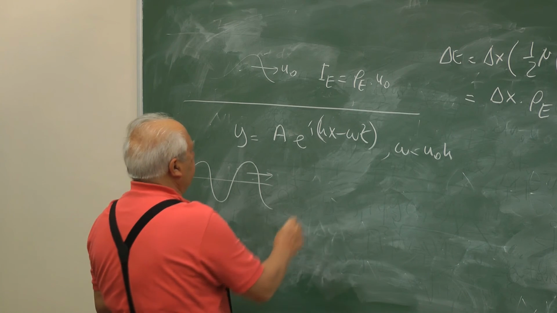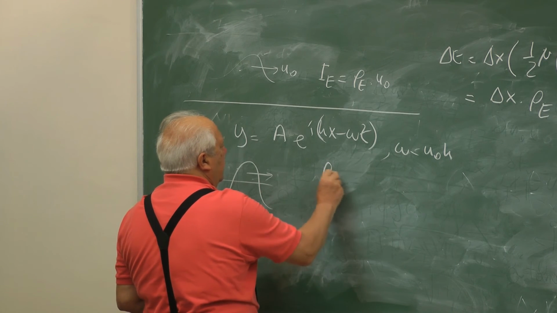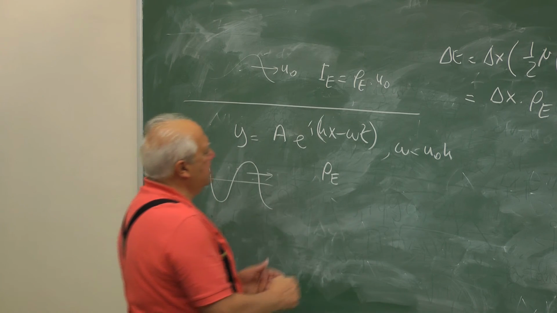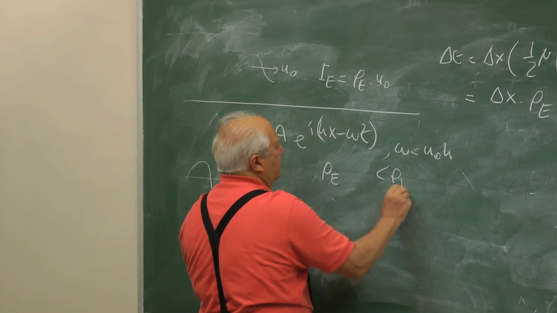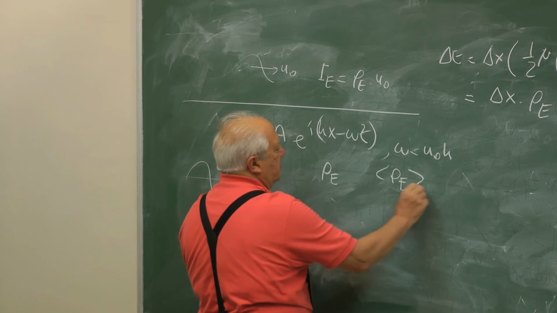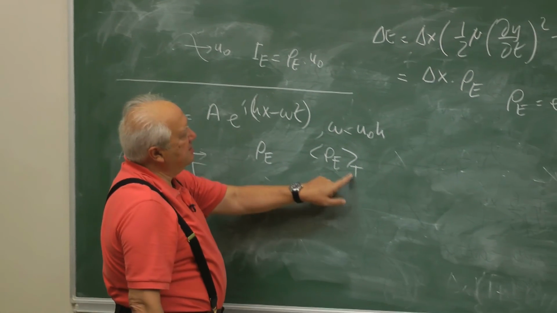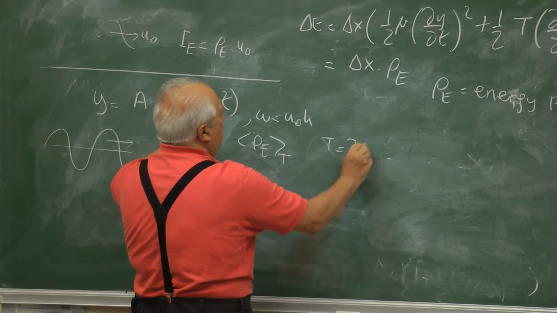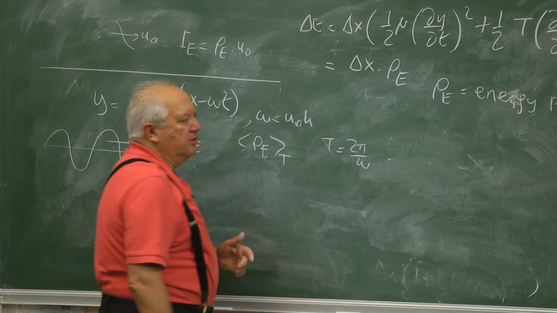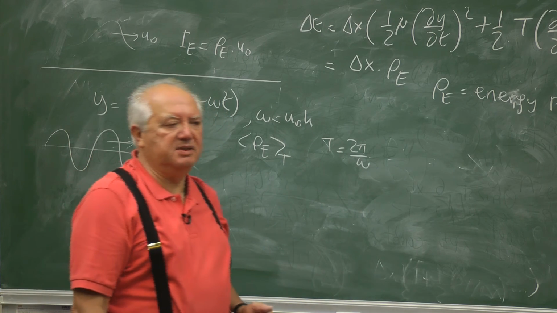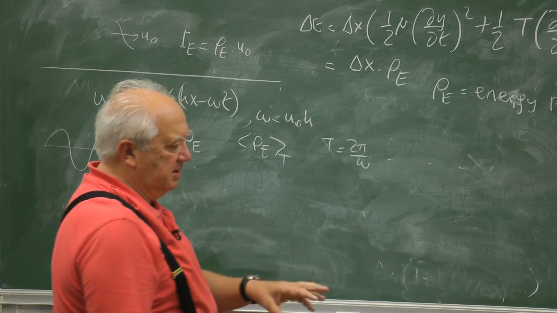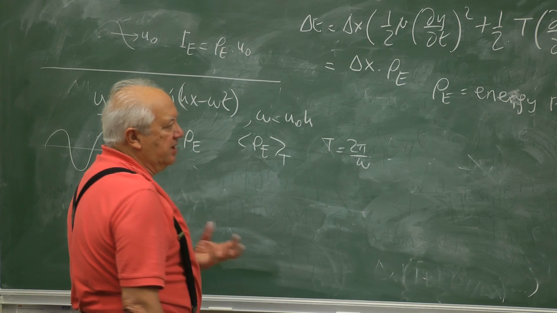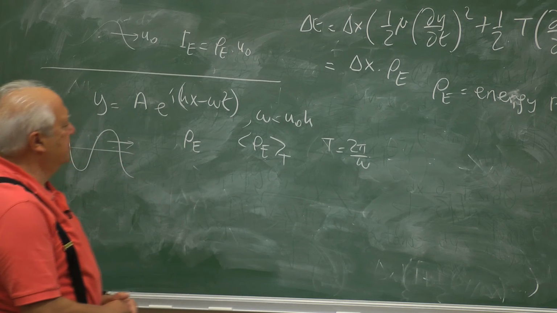So we will compute ρ_E, but as usual, instead of ρ_E, let us compute its time average over the period of the oscillation. Remember, T is 2π over ω. And we shall use just the technique we discussed when we studied the oscillation of a mass connected to a spring.